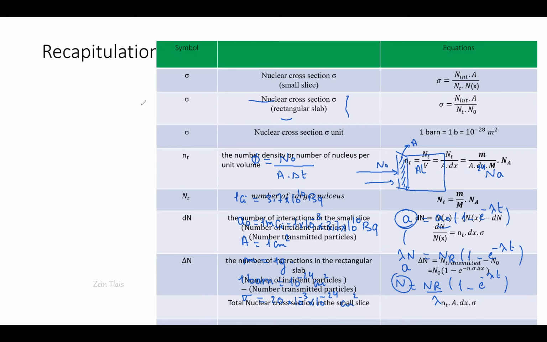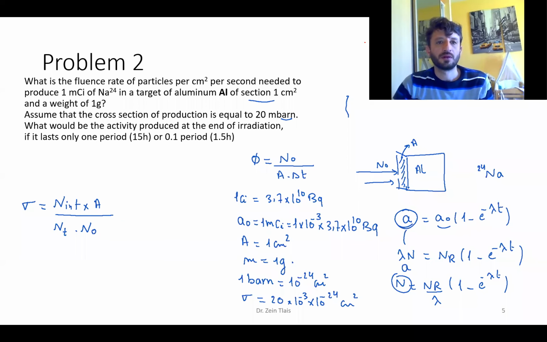Okay, so we can write here sigma equals N interaction times A divided by N target times N0. And don't forget, N interaction, I mean delta N.